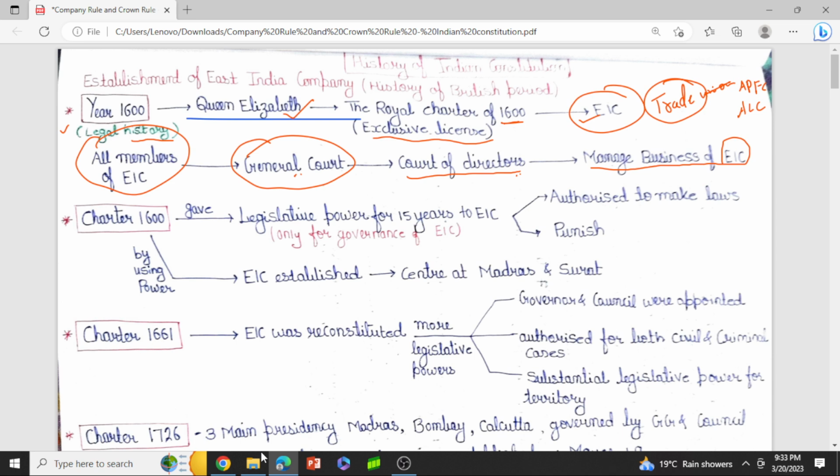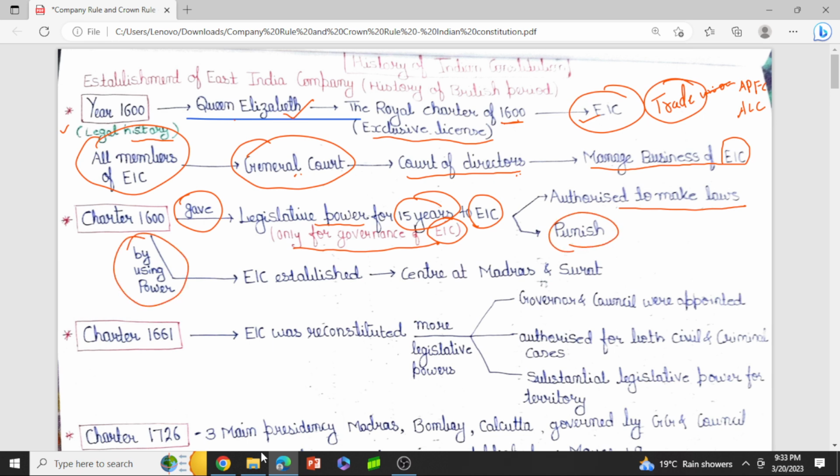Then the Charter of 1600, which was provided by Queen Elizabeth, gave legislative powers for 15 years to the East India Company. But this legislative power was only for the governance of the East India Company, only for running and administrating the company. On the basis of this legislative power, the East India Company was authorized to make laws and punish for any kind of offense.